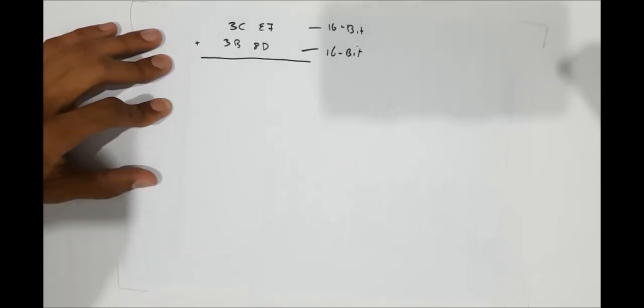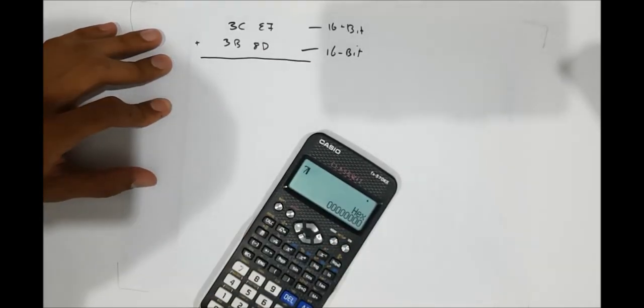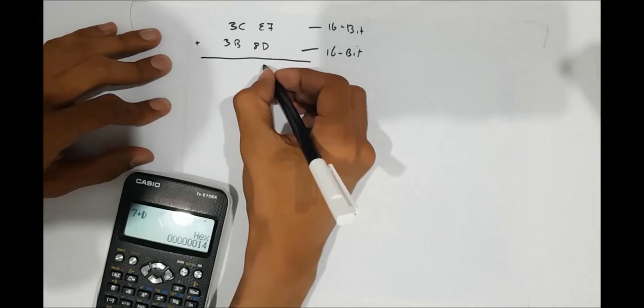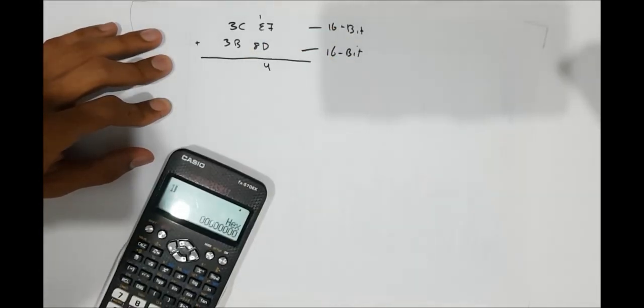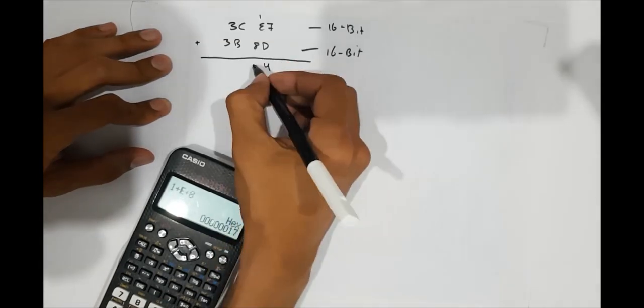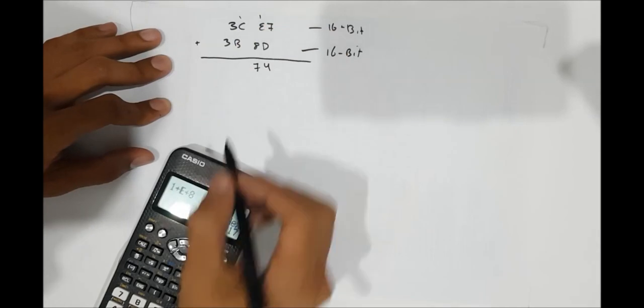7 plus D is equal to 14. So that will be 4 and 1. Then we have 1 plus E plus 8, that will be equal to 17. So that is 7 and 1.